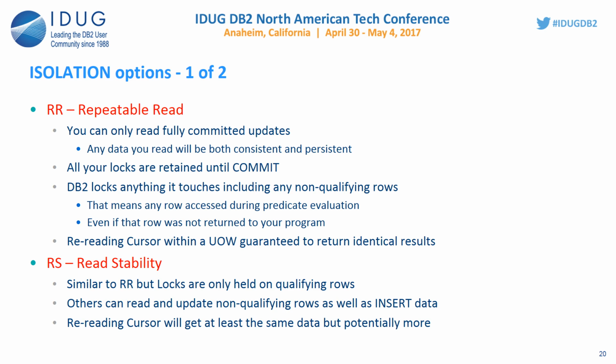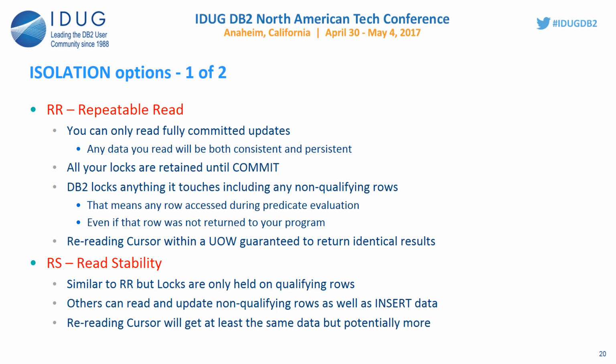Now, read stability was added several releases ago now, but it's effectively the same as repeatable read. The only difference is that DB2 doesn't lock non-qualifying rows. So in this 1,000,000 row table example I was using, if you fetch 10 rows, only those 10 rows will be locked, not the other 999,990.